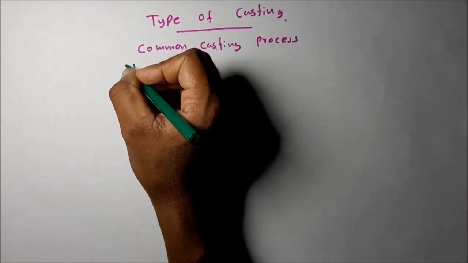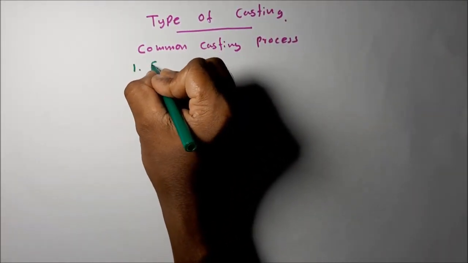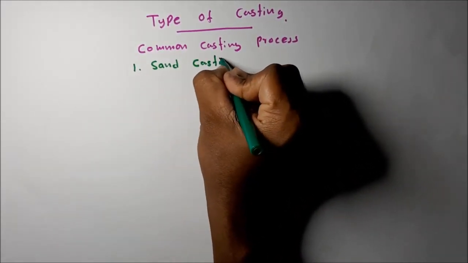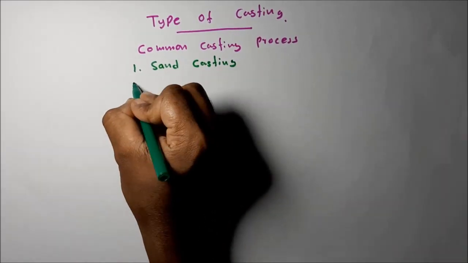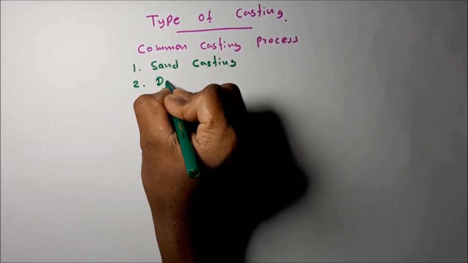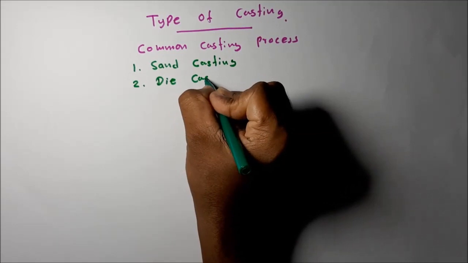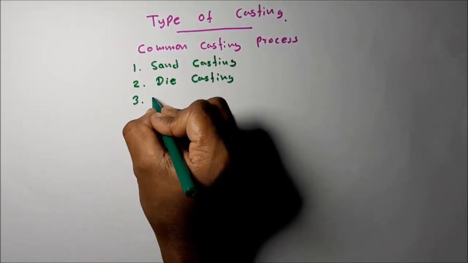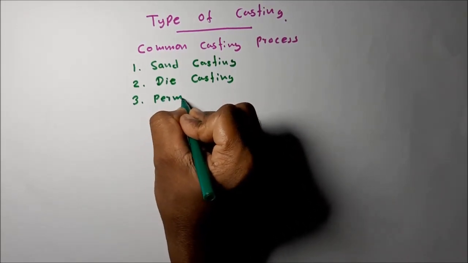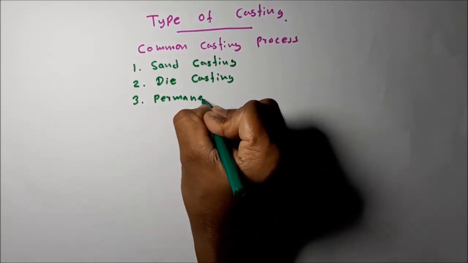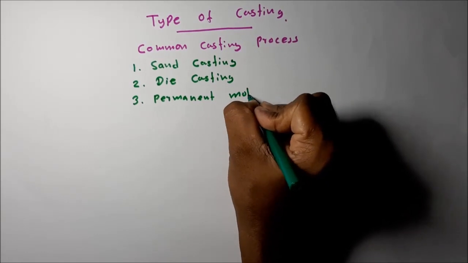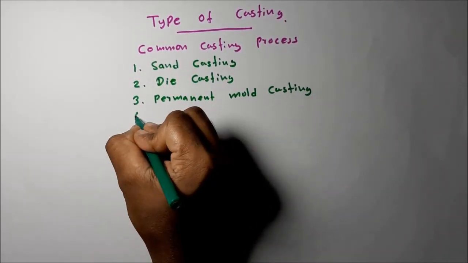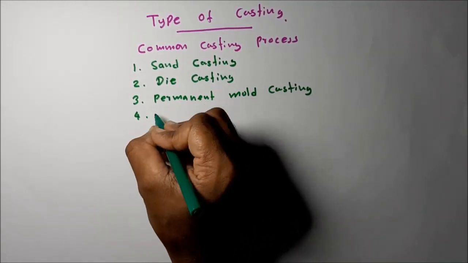First, the most common casting type, sand casting. Second, die casting. Third, permanent mold casting. Fourth, investment casting.